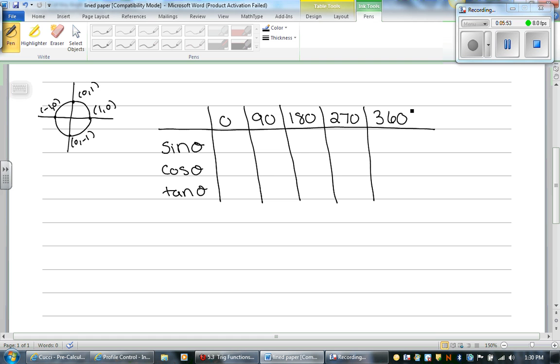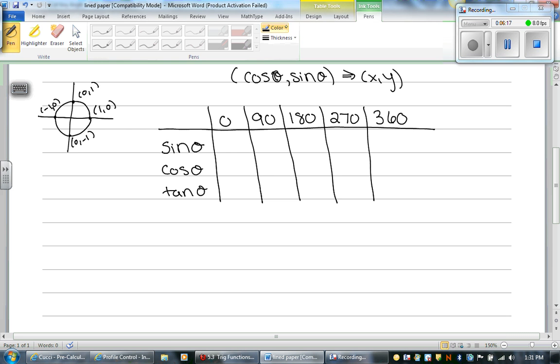Now, keep in mind that these values come directly from these points. The points are cosine, sine, which we know goes to x, y. This is how we're finding these values.